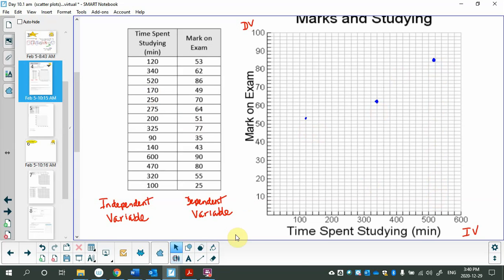So 170. 170 is here. 120, 40, 60, 70. And 49 is almost to 50. And then I can go across here. And I can go up here. And I can take a little pause so that hopefully my dot stays away from my lines.